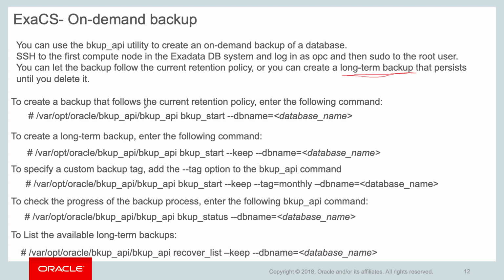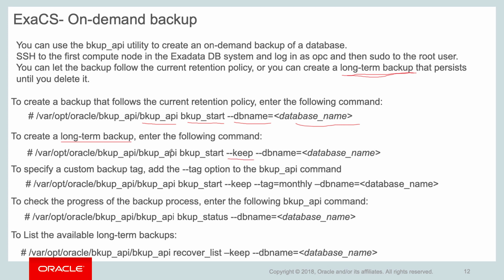So if you want to create a backup that follows the current retention policy, you just need to specify backup API with backup start and the database name equals database name tag. This will take a backup based on the current retention policy. In case you want to create a long-term backup, you will have to use a few more clauses, called keep.